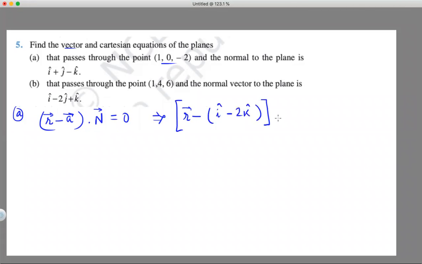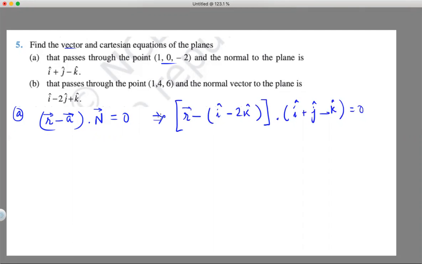This into the dot product of the normal, which is i plus j minus k, right. Understood? Fair enough.